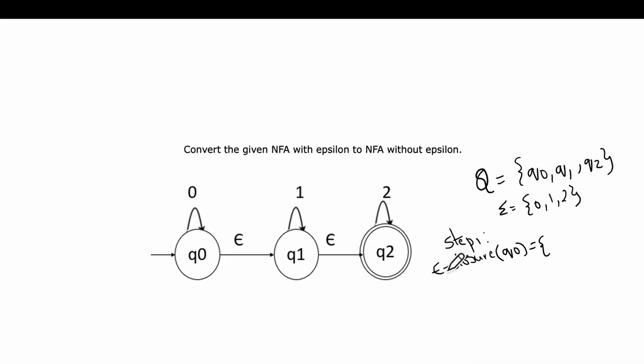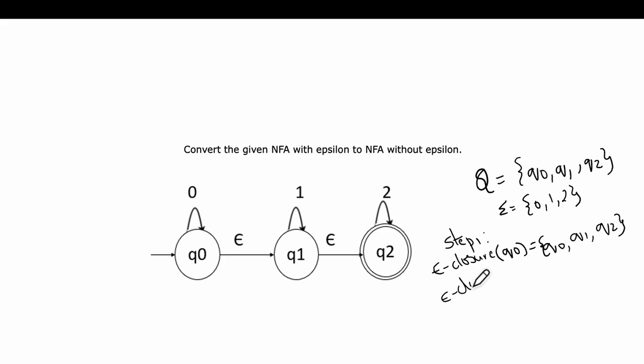There is a directed path labeled epsilon from Q0 to Q1. So from the Q0 state it can reach Q1 without taking input, and from Q1 it can also go to Q2 without taking input. So we write the epsilon closure of Q0 is Q0, Q1, Q2. This is how you find the epsilon closure of Q0.